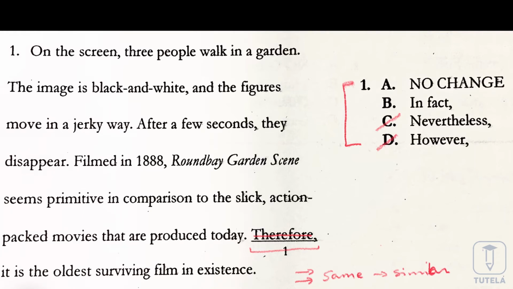Now, out of these 2 options, we need to find out which one to select. If you go through the sentence again, Round Bay Garden scene seems primitive in comparison to the slick, action-packed movies that are produced today. It is the oldest surviving film in existence. Now, this is talking about Round Bay Garden scene, right? So, it is just a fact that is being restated or emphasized, and hence, we will select "in fact" and eliminate "therefore."